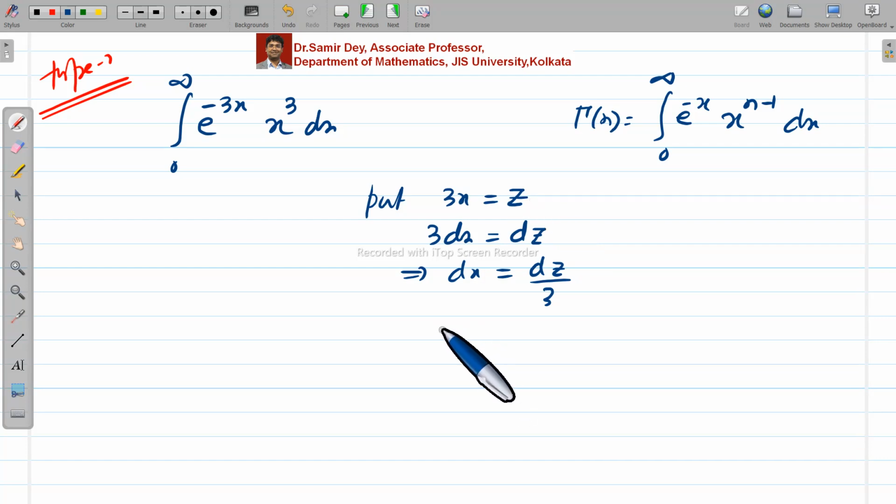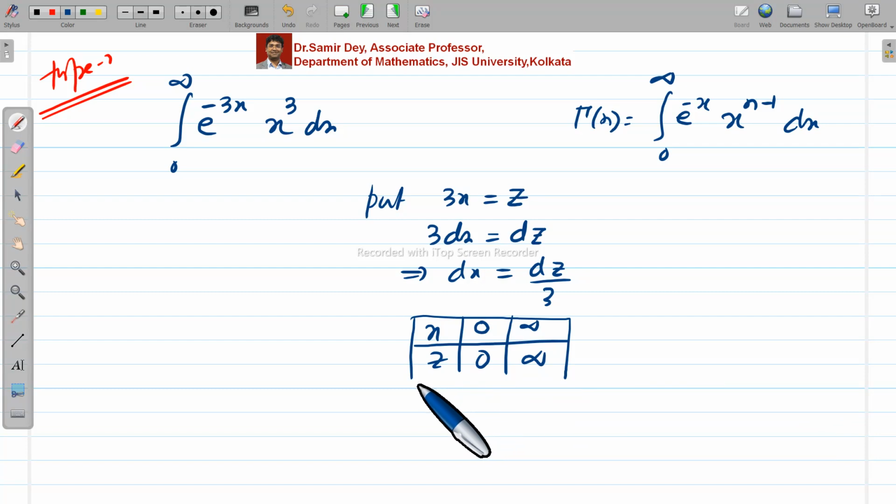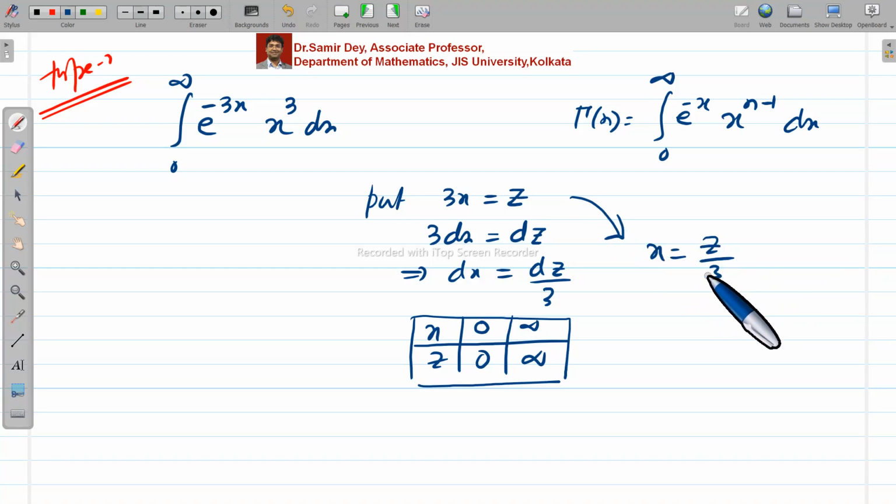Your range will also change. Now when x equals 0, your z is also 0. When x goes to infinity, your z also goes to infinity. Clear? So you need to write this. Now from here you need to write what is your x. x is equal to z by 3.